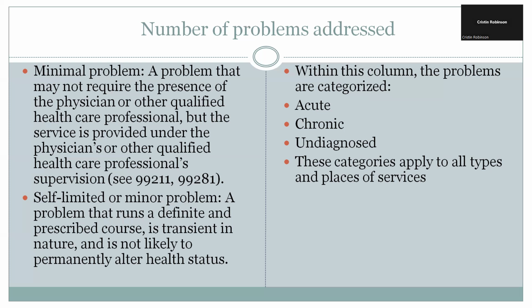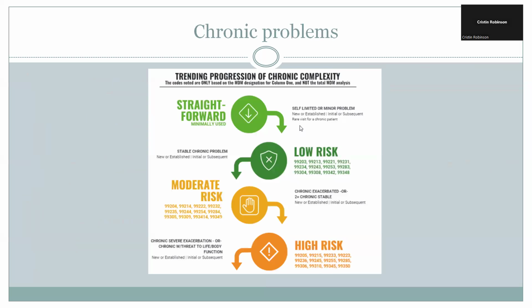Within this column, the problems are categorized in the following elements. So you have acute, chronic, undiagnosed, and these categories apply to all types and places of service. So this is a really good visual for chronic problems.